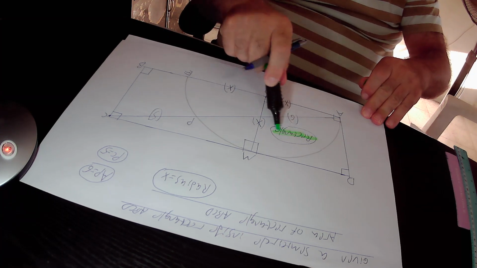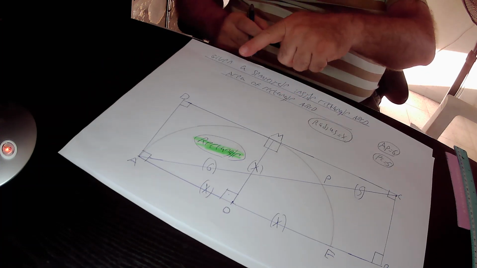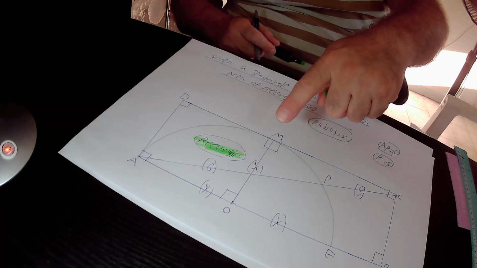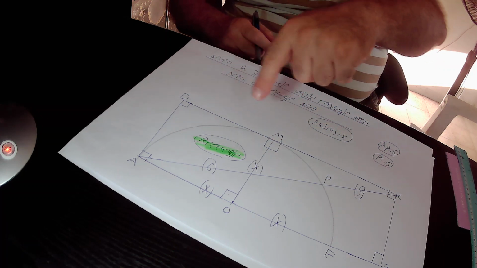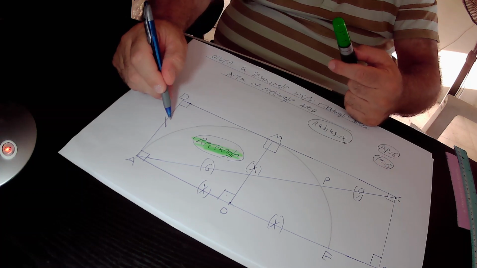But we also know that the opposite sides of a rectangle are equal to each other. So in the small rectangle DAOM, side MO must be equal to the opposite side DA, but MO is x, therefore the opposite side DA must also be equal to x units in length.